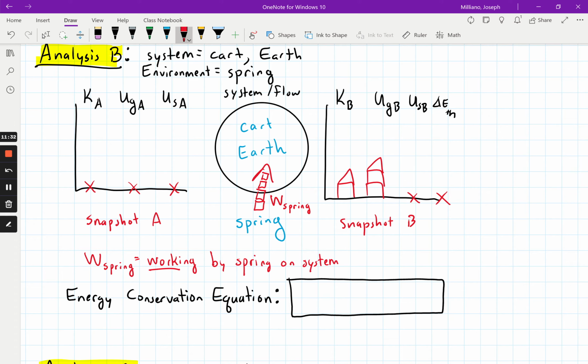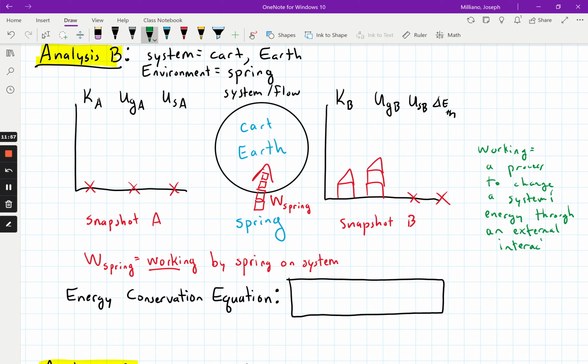I'll remind you that working, if you forget, I'll put the definition to the right here, that working is a process to change a system's energy through an external interaction. So that's our definition of working.